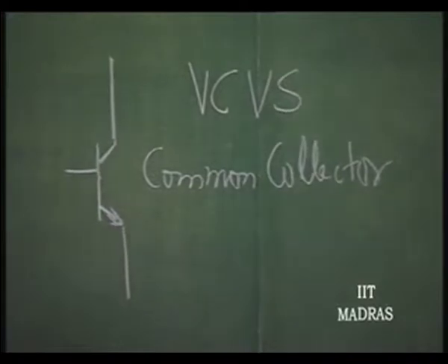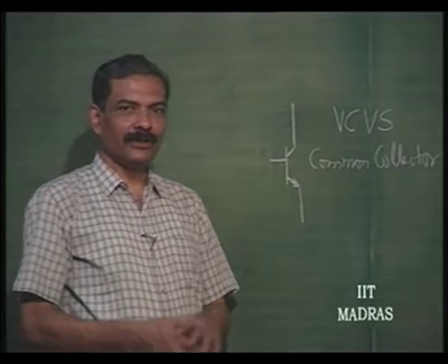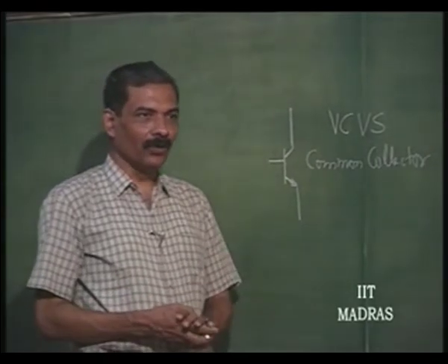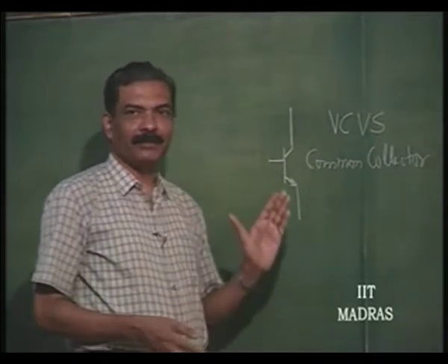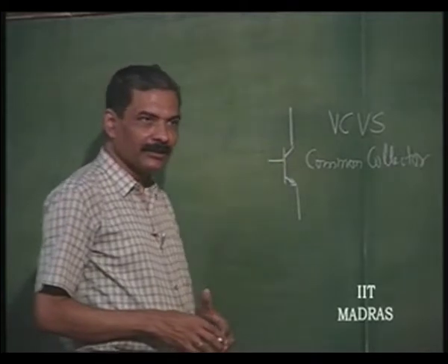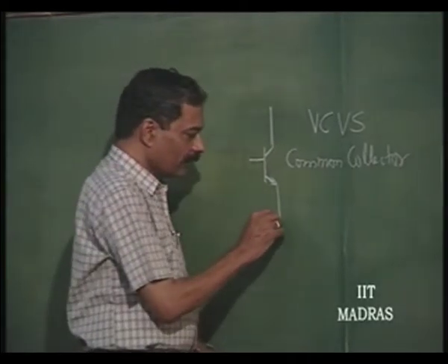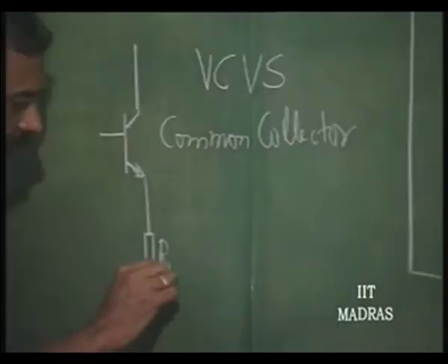Since our load is going to be maybe a speaker or something like that, the load is going to be of the order of few ohms. We do not want our previous stage to be straight away loaded by these few ohms. So, we put a buffer stage here. So, the load is going to be RL here.